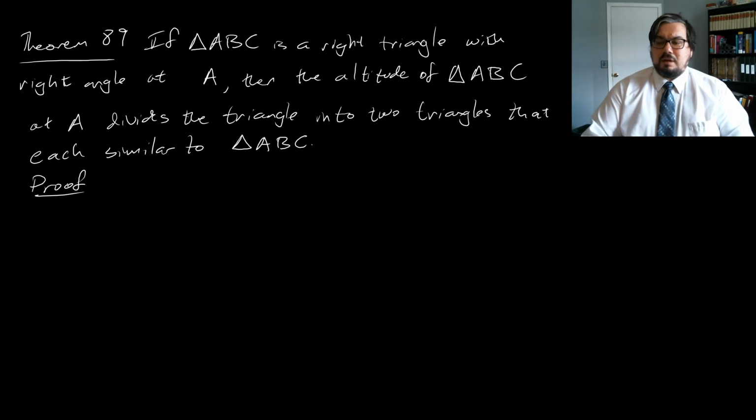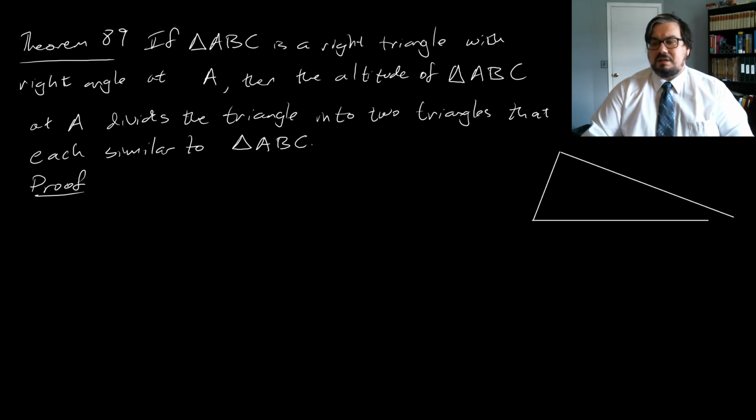All right, so before starting the proof, let's go ahead and sketch out the situation here. So we've got a situation like this. I'm going to try and get us a right triangle here. Close enough.